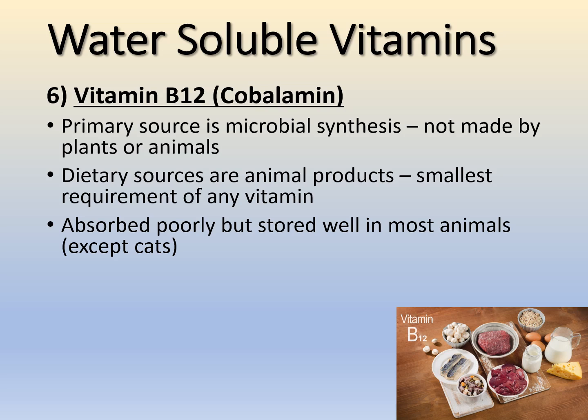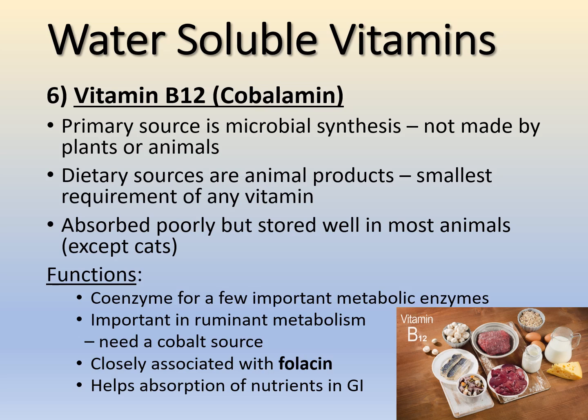So even though it's absorbed poorly, we do have a microbial synthesis source. We also store it. So it's a little bit different than some of our other B vitamins, where we actually store it quite well in most animals, except cats, but they're carnivores, so they have a good animal product source in their diet.